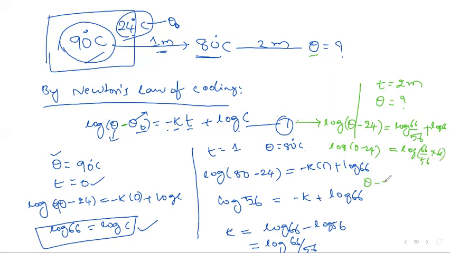So theta minus 24 is equal to 66 by 56 into 66. So we get the temperature of the cup of coffee after 2 minutes as 24 plus 66 by 56 into 66.